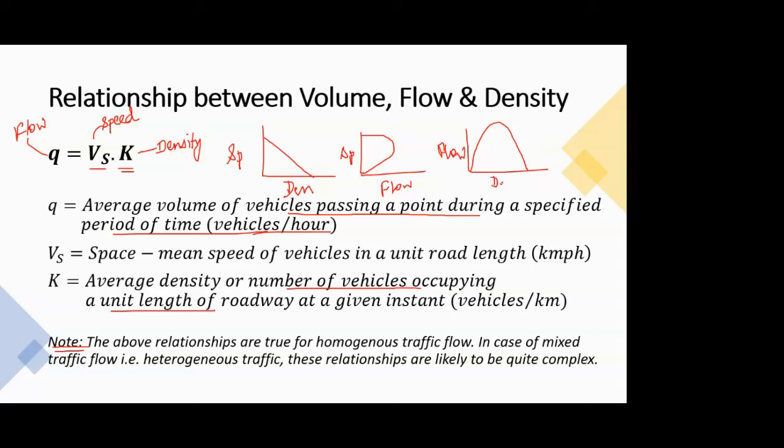Okay, so in all these graphs, there was some relationship. Okay, we didn't find the equations for these curves, but if you find that, you'll get some equations. Okay, so that will give you the relationship between those particular parameters.